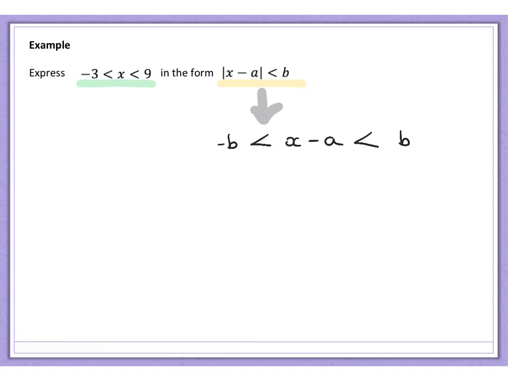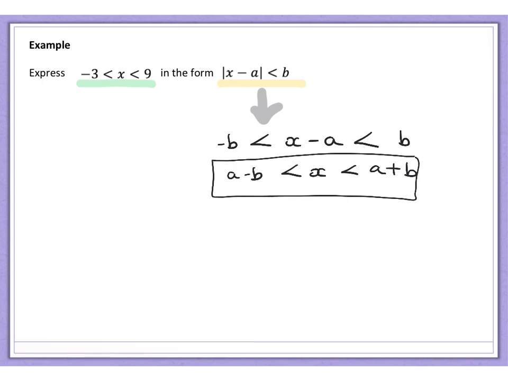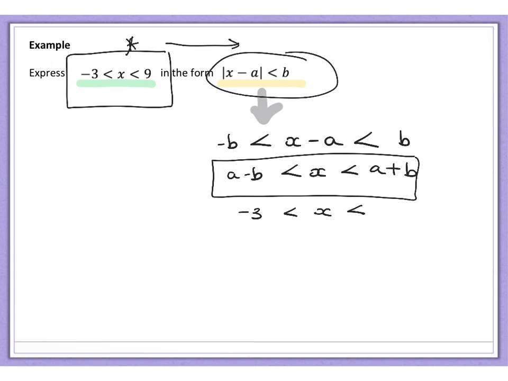Add a to all parts of the inequality, which means that x must be less than a plus b but greater than a minus b. And we're comparing this with this inequality here. Because if we find out what a and b are equal to, then we can rewrite this inequality over here in this format over here.